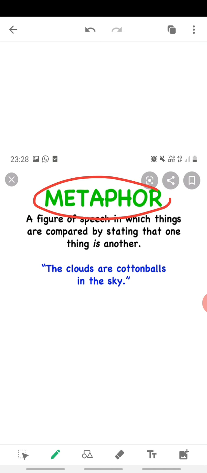In metaphor, two things are compared without using like or as. Clouds are cotton balls in the sky. So clouds are compared to cotton balls. But are the word like or as used? No. There are two things compared directly. There is direct comparison.